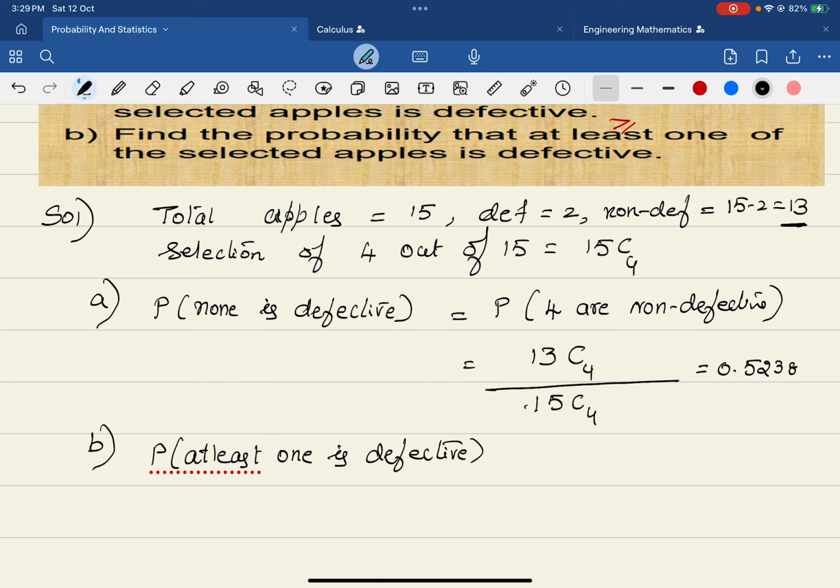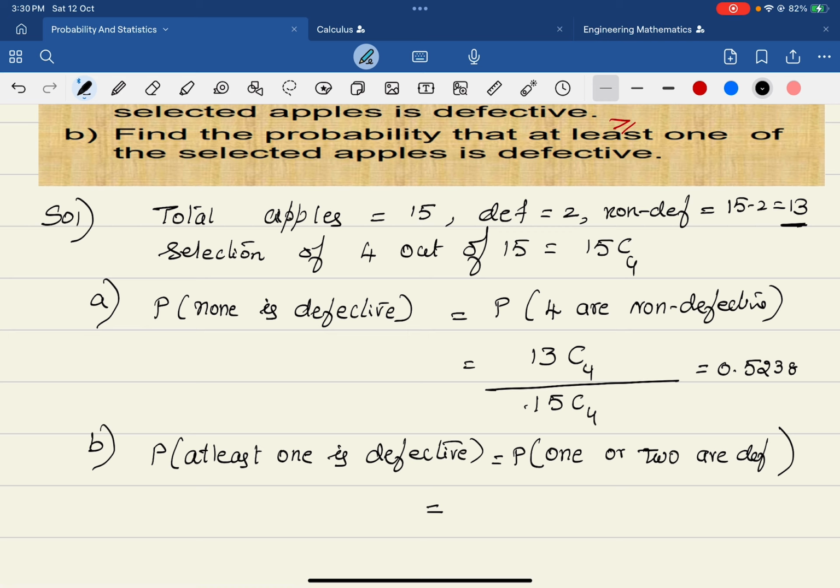What do you mean by at least one is defective? That means the probability of either 1 or 2 being defective. Correct? At least one is defective means either 1 or 2, because there are only 2 defective items. So we will get either 1 or 2.